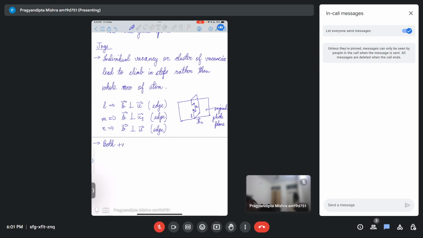Both positive and negative climbs will proceed by nucleation of unit steps. What do you mean by nucleation of unit steps? This entire process, that is jogs.